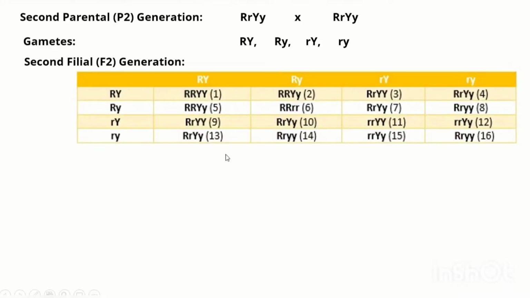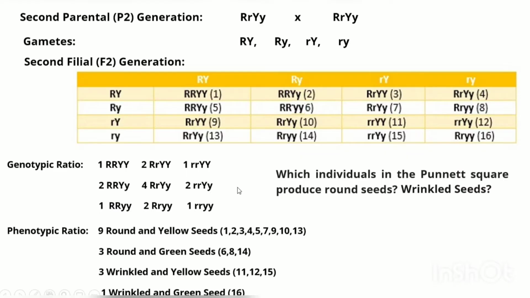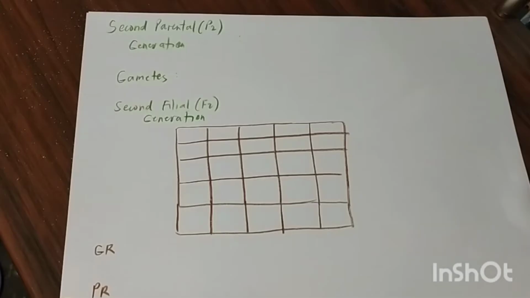Next, we have the second parental generation. Okay, for you to better understand this figure, let us watch this video. What if we allow the heterozygous individual to self-pollinate?